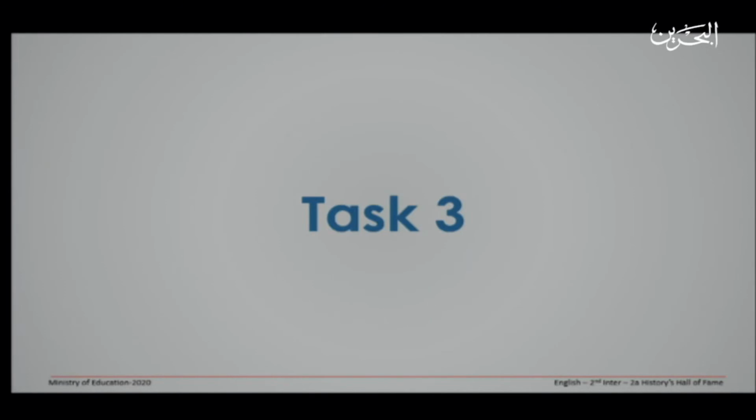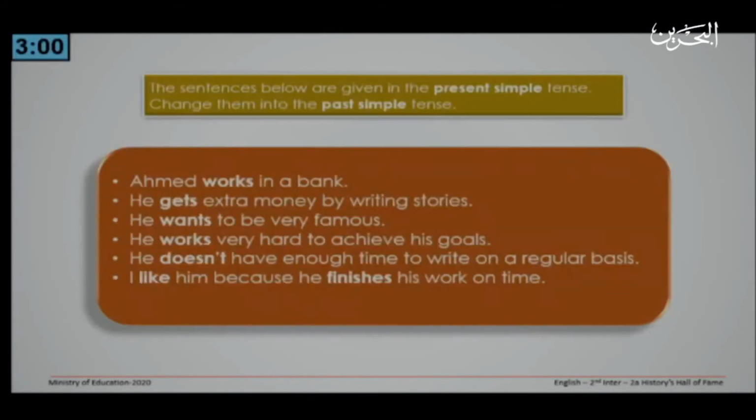Hopefully you are ready for task 3. The sentences below are given in the present simple tense. Change them into the past simple tense. Number 1, Ahmed works in a bank. Number 2, he gets extra money by writing stories.